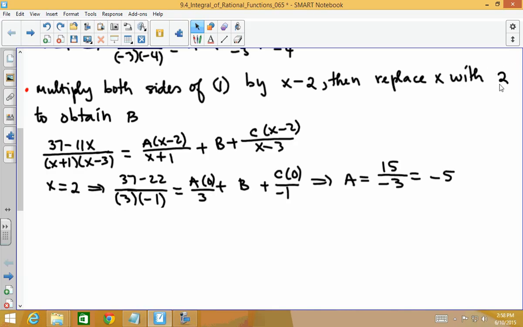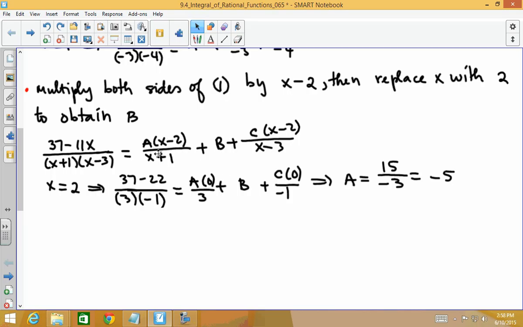And now see that if you replace x with 2, because if x is 2, x minus 2 is 0. And then you replace x with 2 here. On the left hand side, you get 37 minus 11 times 2, which is 15. And then x is 2, so 2 plus 1 is 3, and 2 minus 3 is negative 1.